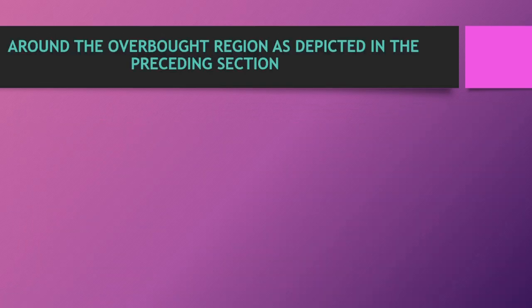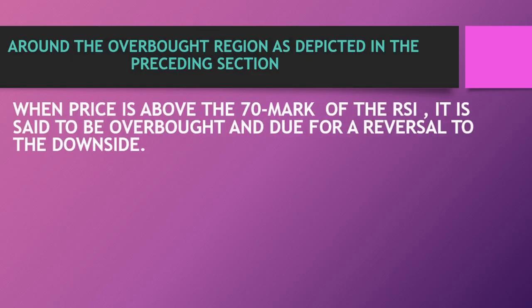Around the overbought region as depicted in the preceding section, when price is above the 70 mark line of the RSI, it is said to be overbought and due for a probable reversal to the downside.